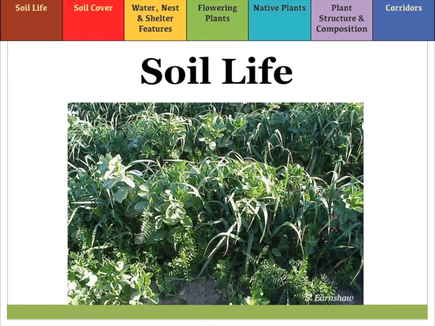So in the continuum of complexity, we're going to start with soil life, then go through to soil cover, talk about water, nest, shelter features, then flowering plants, native plants, adding some structure and composition to plants, and linking that together with corridors.